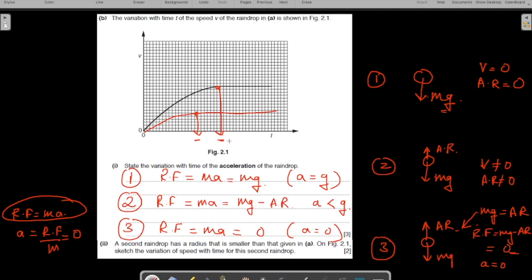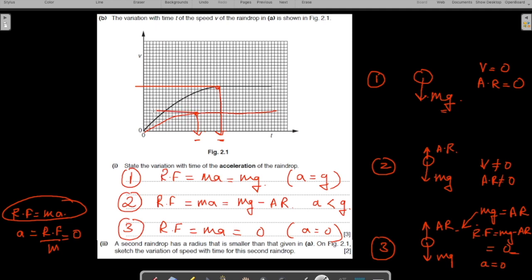Look at the values on the x-axis. You are achieving the terminal velocity at a greater value of t here. Here you are achieving a terminal velocity at a smaller value of t, and also the magnitude of the terminal velocity will go down. Here the magnitude of the terminal velocity was larger.